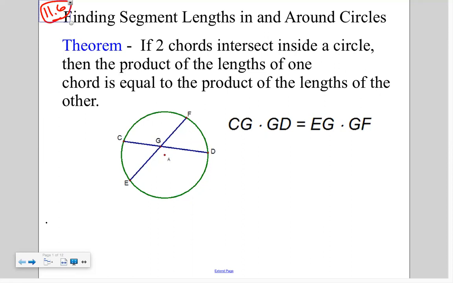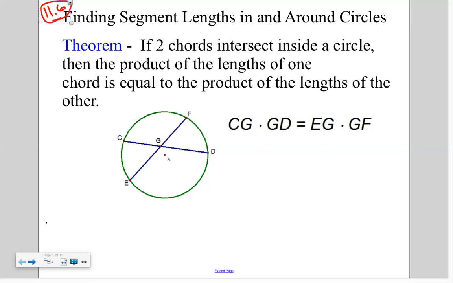We have two chords that intersect inside a circle. Then the product of the lengths of one chord is equal to the product of the lengths of the other. I think it's really cool how this works, and it will always work.